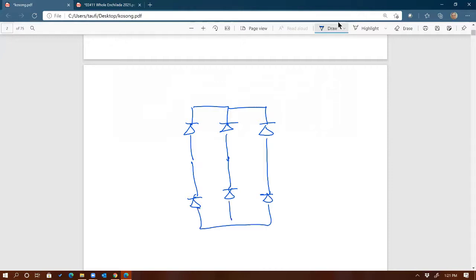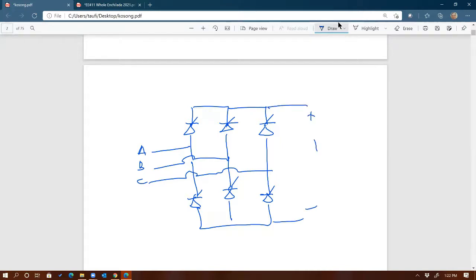I'll show you. We learned from EE411 that if you have a three-phase bridge converter like this, you can convert AC to DC. A, B, C, and here's the output right there.